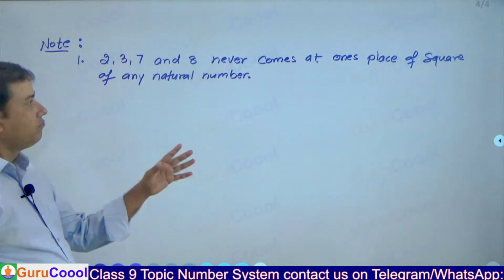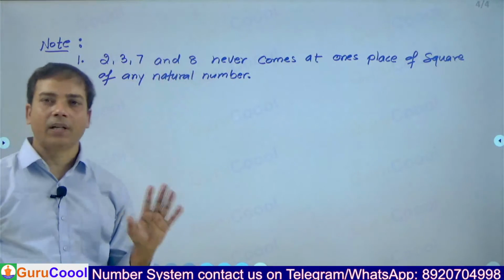Any natural number you square, these digits will never come.